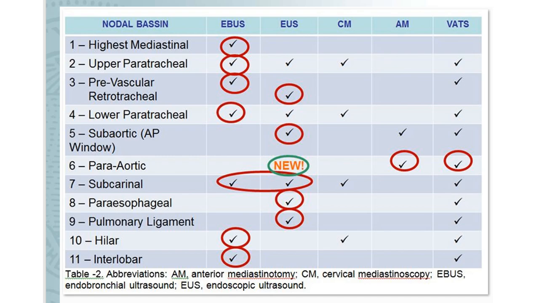Therefore, if you look at the ERS, ESTS, and ESGE guidelines, they have adopted the combination of EBUS, EUS over either of the tests alone in the guidelines for the mediastinal staging of lung cancer since 2014.